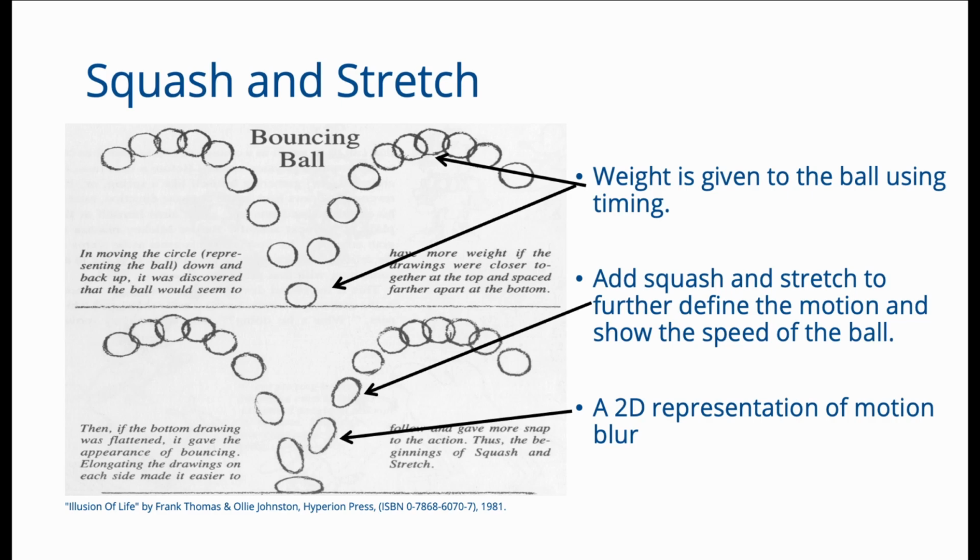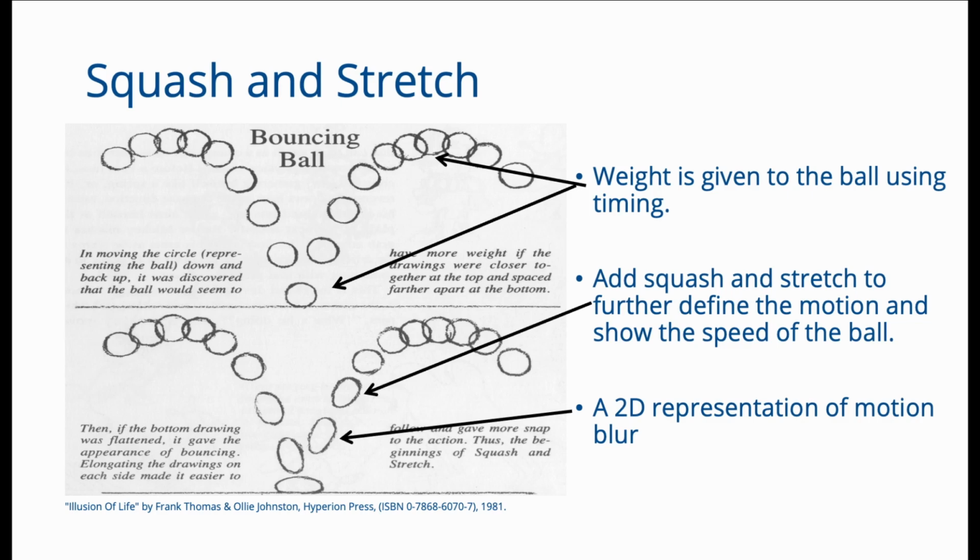When the ball is going to hit the ground, it is definitely going to squash if it is an elastic object. This gives you a feeling of impact and an idea of how strong the collision was. Then the process happens in reverse as this ball takes off again and rises to some height, and the bouncing motion can continue.